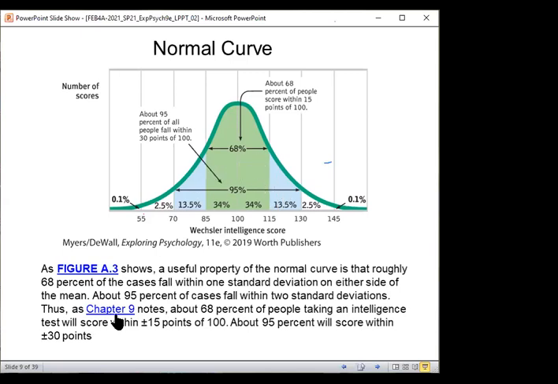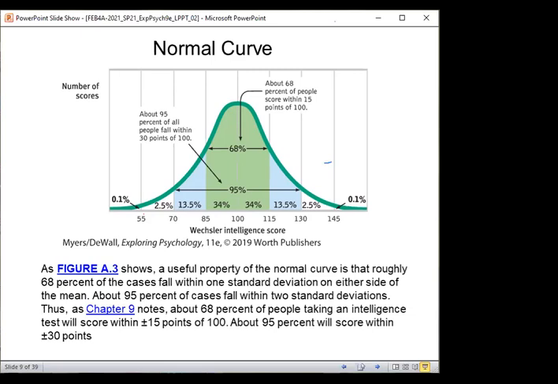Okay, and you can see this in chapter 9 when they talk about intelligence tests. 68% of the people taking an intelligence test will be plus or minus 15 points around 100, whereas about 95% will score within plus or minus 30 points. So what this tells us is that for a lot of phenomena out there, they fall on this normal curve, and we know where we can expect data to fall.